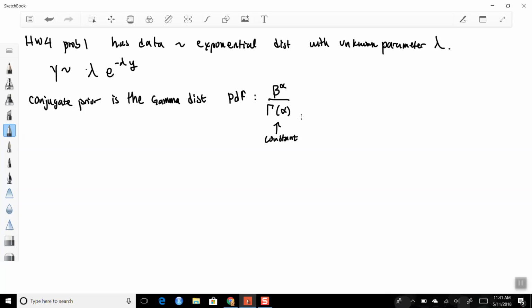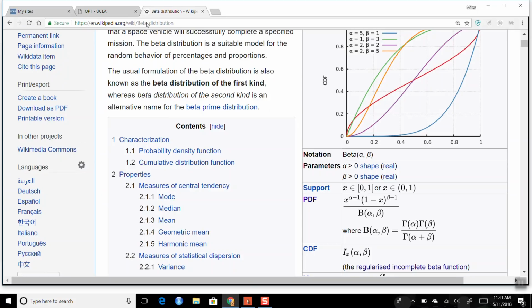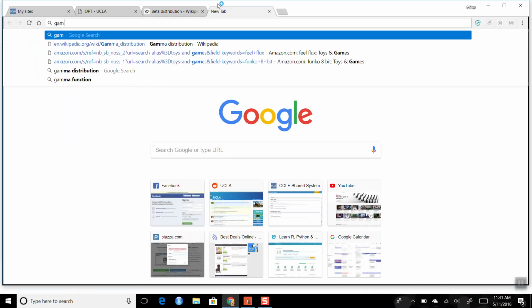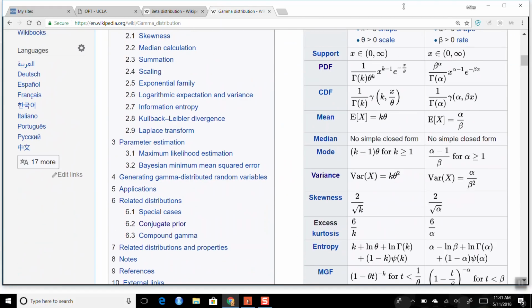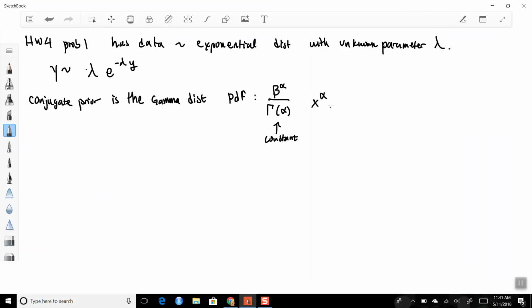If we look up the gamma distribution, there are 2 parameterizations, but we're going to use this one: beta to the alpha over gamma alpha, x to the alpha minus 1, and e to the negative beta x.